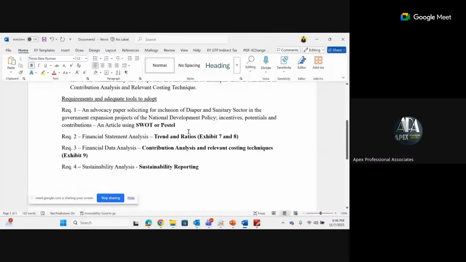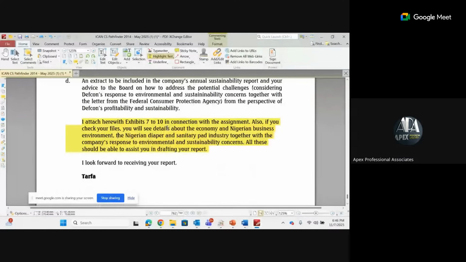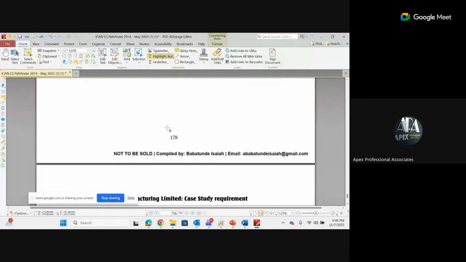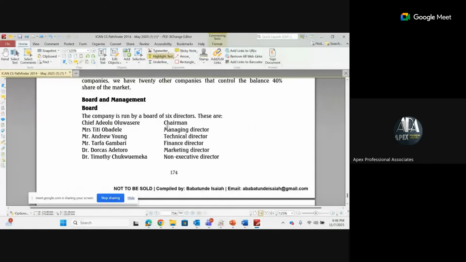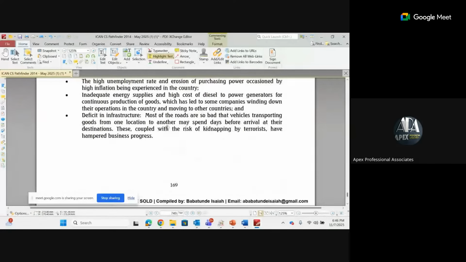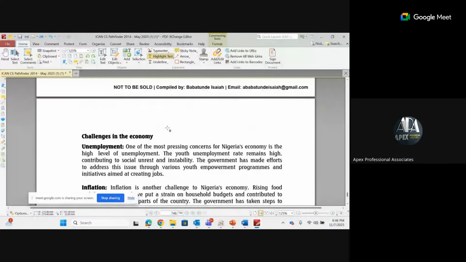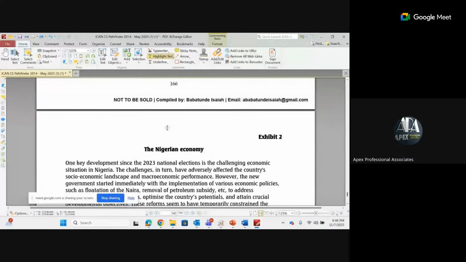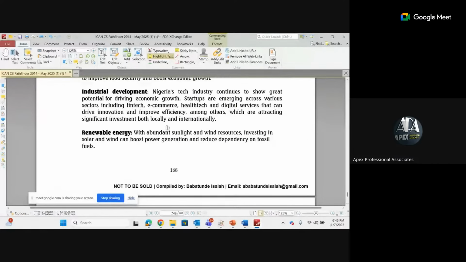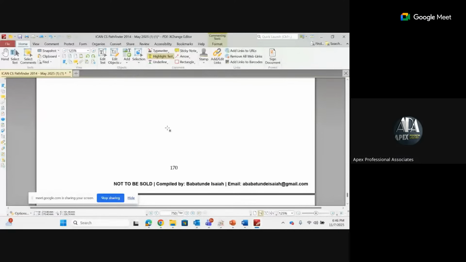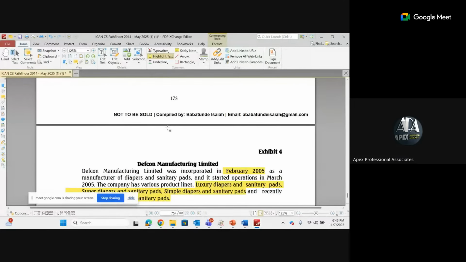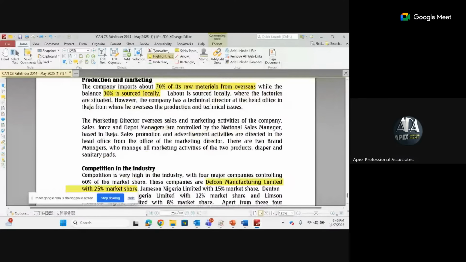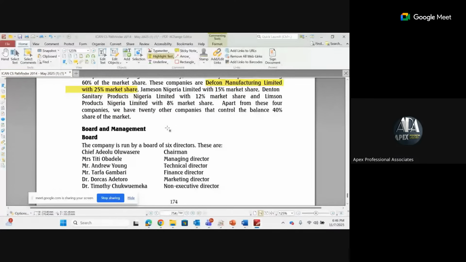Then this first requirement, let's go back to our present. What exhibit is going to be useful for that? So that would be Exhibits 2 and 3.